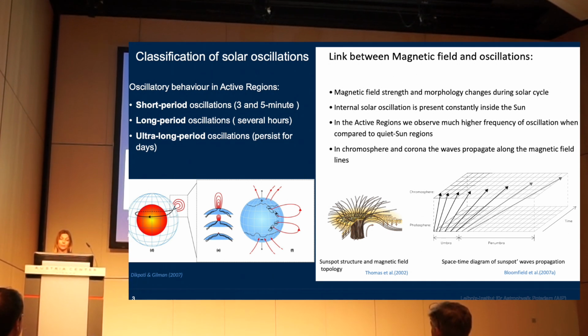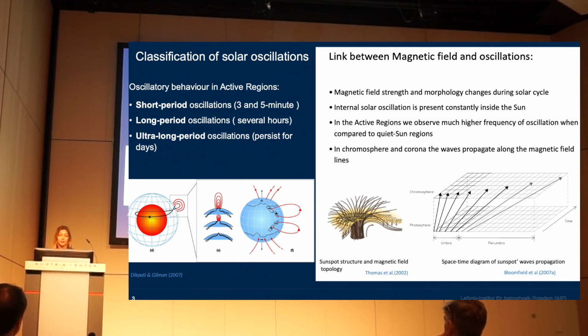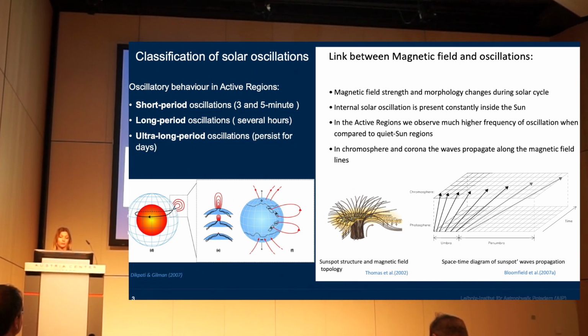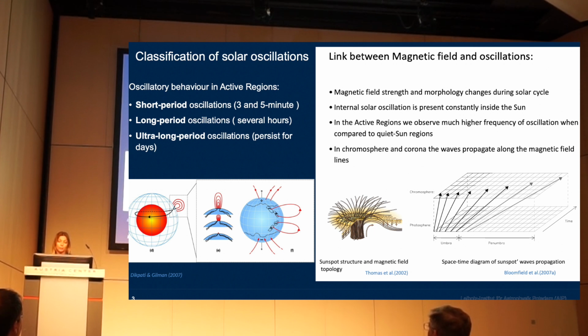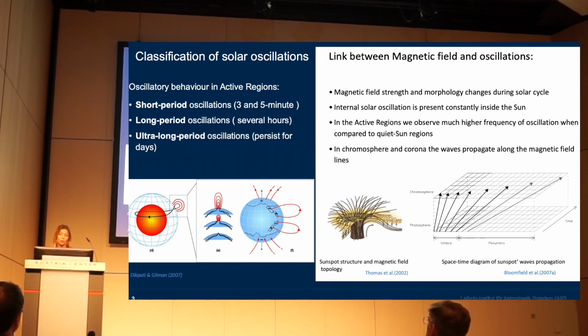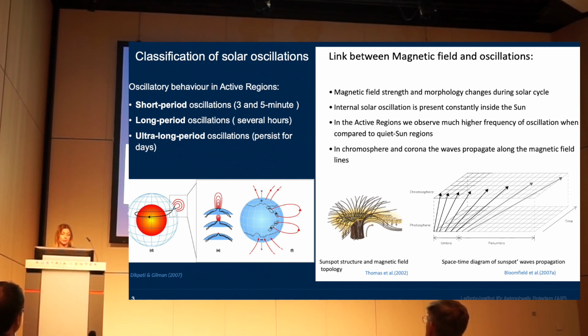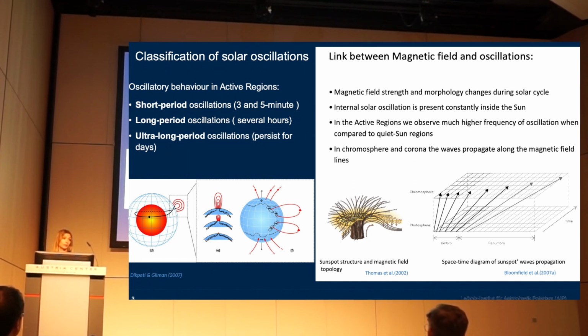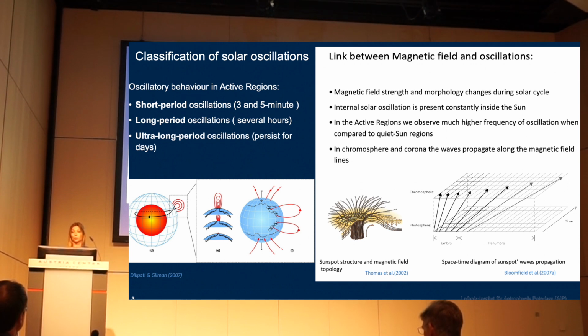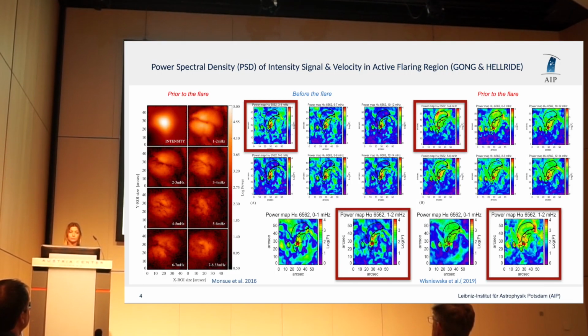However, when we move a little farther away from the umbra, in the penumbra the waves slow down in reaching the chromosphere because of the structure and topology of the magnetic field. They are kind of trapped there.